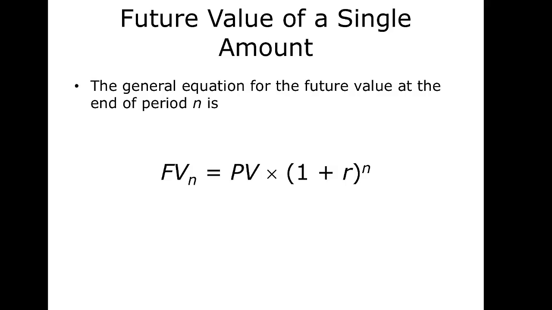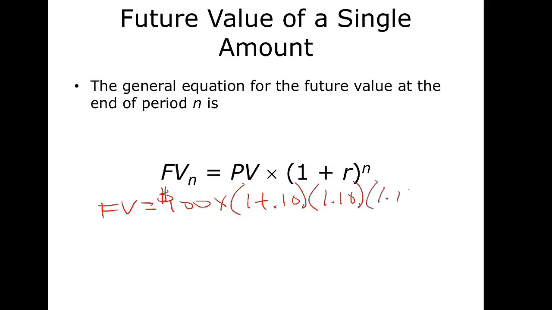We could see that when we, for example, were calculating the future value of that $100 invested at 10% compounding for 3 years, the future value would be equal to the $100 multiplied by 1 plus that 10% interest rate for the first year, multiplied by 1 plus the interest rate for the second year, multiplied by 1 plus the interest rate for the third year, and we came up with $133.10.